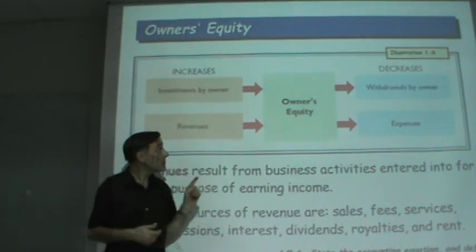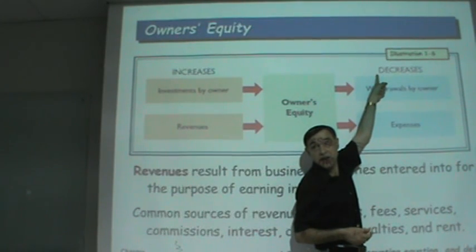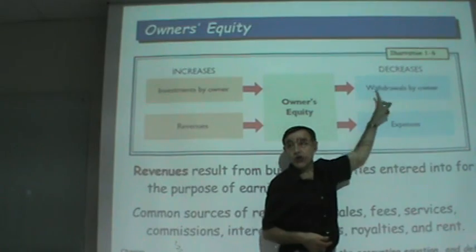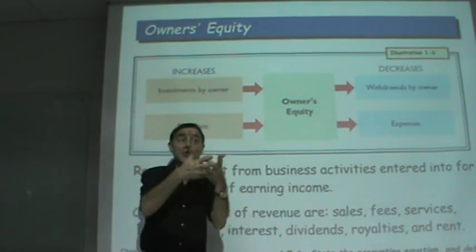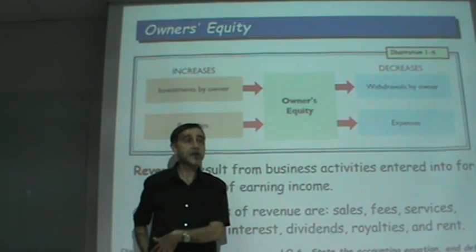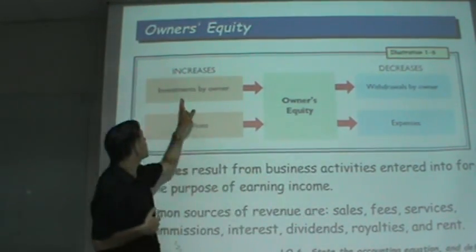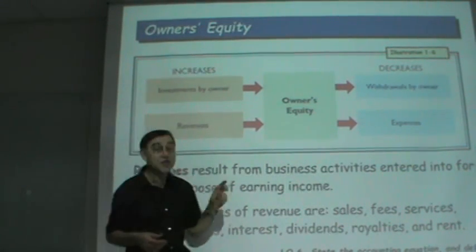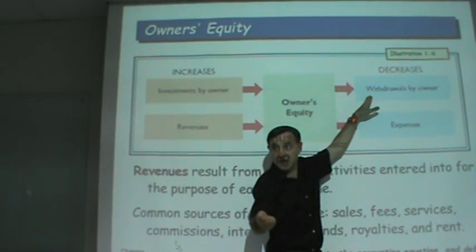And then owner's equity goes down, we say decreases, when the owner withdraws. To withdraw means to take money out of the business and into his pocket. So, withdrawal is the opposite of investment. Now, the correct term for withdrawal is dividend.